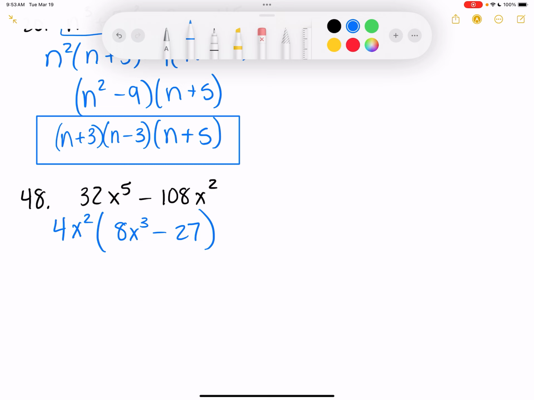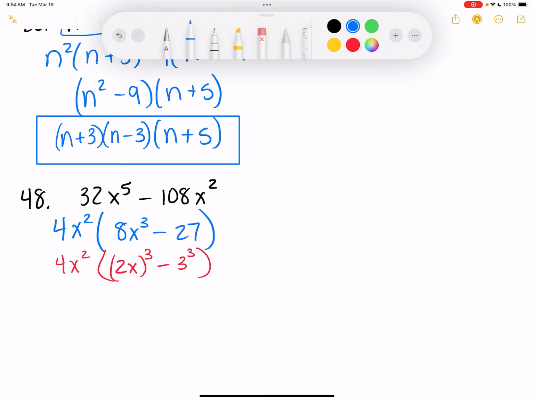So when I get to something like this and I see this is cubed, I'm going to see if these other things are also cubes. So this one is 2x cubed minus 3 cubed.